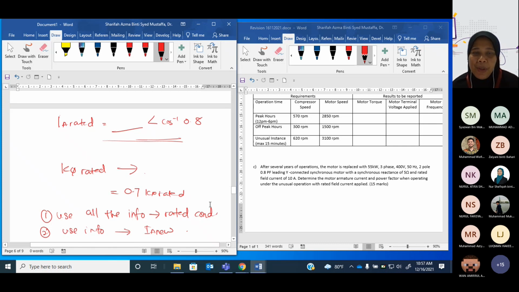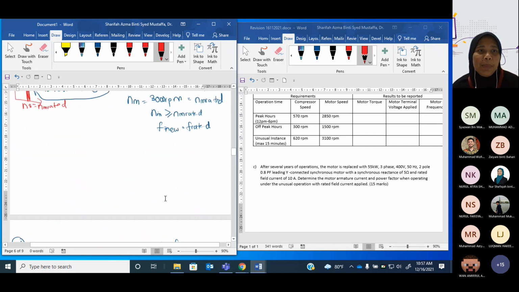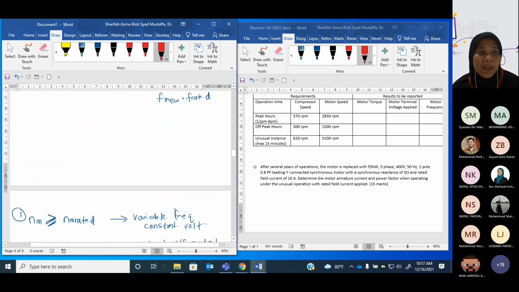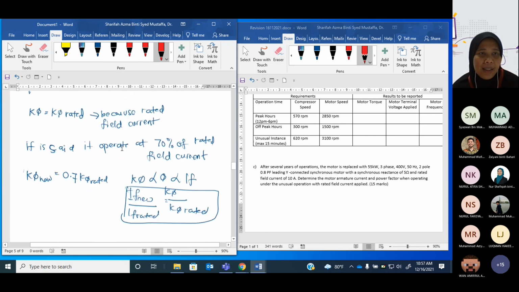Dia tak cakap first find your EA, first find your new frequency ke new XS. Dia punya question, they ask for IA new, but you have to go through all this formula calculation to get your IA new.